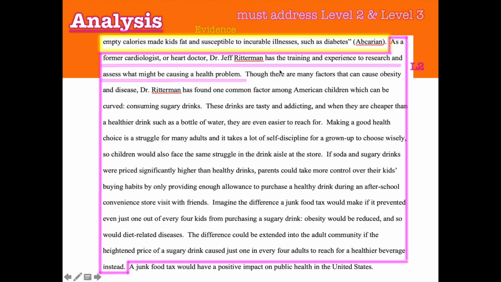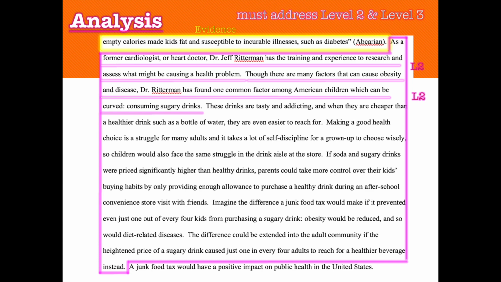The next sentence: though there are many factors that can cause obesity and disease, Dr. Ritterman has found one common factor among American children which can be curbed: consuming sugary drinks. So this is a level 2 question. I did address that there are many factors that can cause obesity and disease. There's genetics, there's malnutrition, there's all kinds of things that might be in or out of a kid's control.